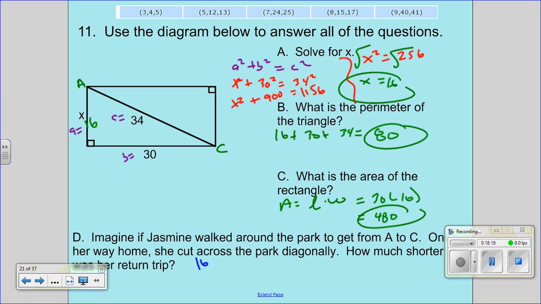So 16 plus 30 was her original distance, and that was 46. But when she cut across from C to A, she only went a distance of 34. So 46 minus 34 is going to give me 12. So it was 12 units shorter to cut across.